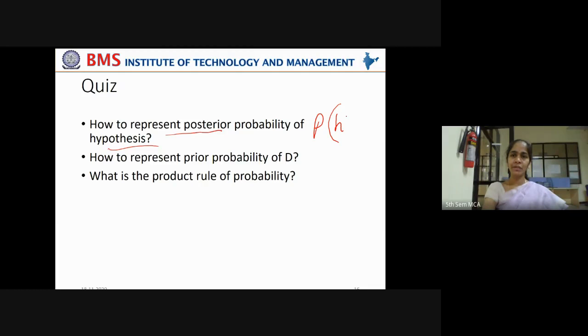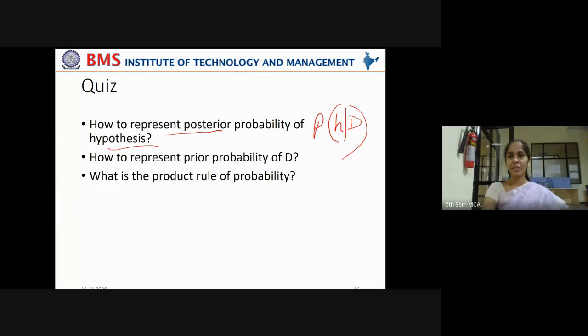Probability of observing a hypothesis, given what? Given the training examples, D. Posterior probability of the hypothesis can be represented as probability of H given D.